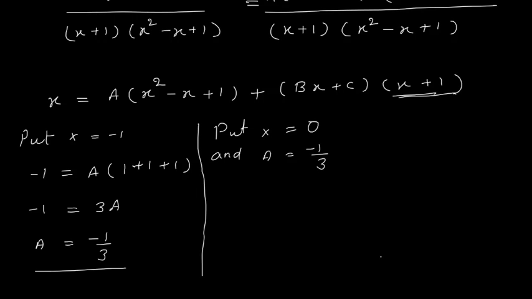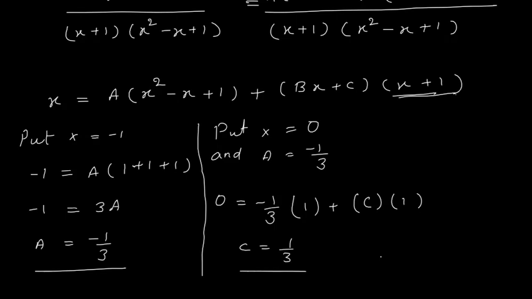So I put x is equal to 0, so I get 0 equal to the value of a, minus 1 upon 3, then inside the bracket I have 0 minus 0 plus 1, which is 1. Then the b term will become 0, so I have only the c term, and here x plus 1, the value of x we have taken 0, so it is 1. Therefore I have c is equal to 1 upon 3.